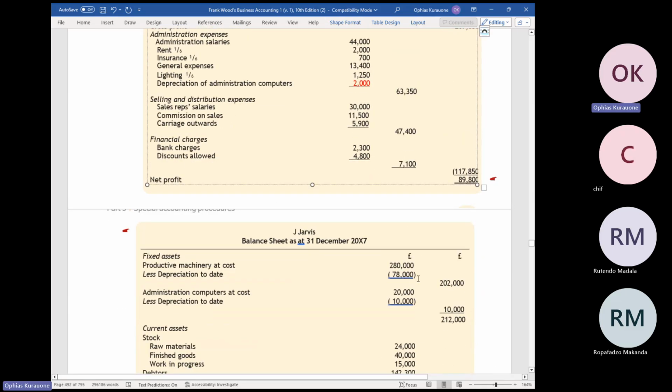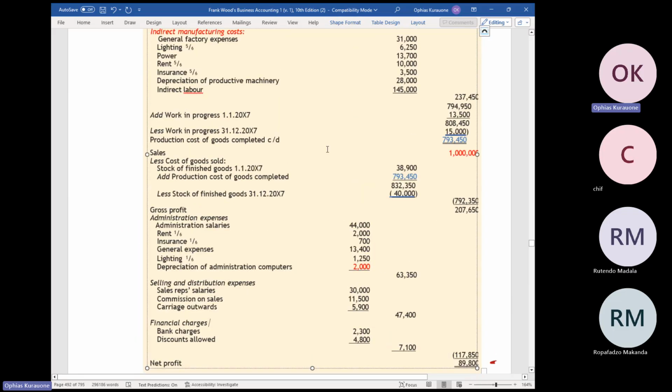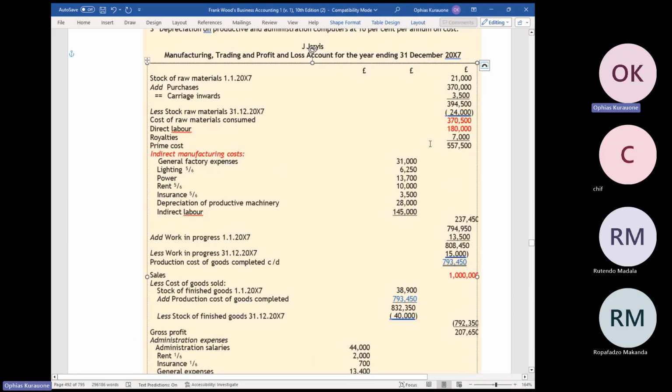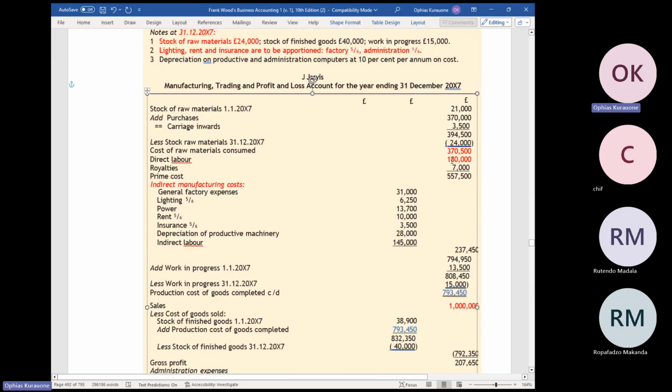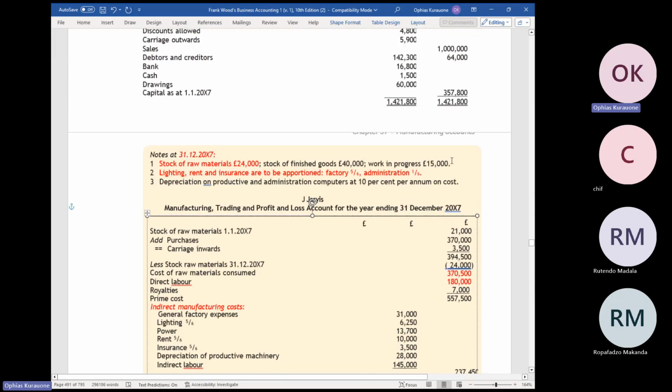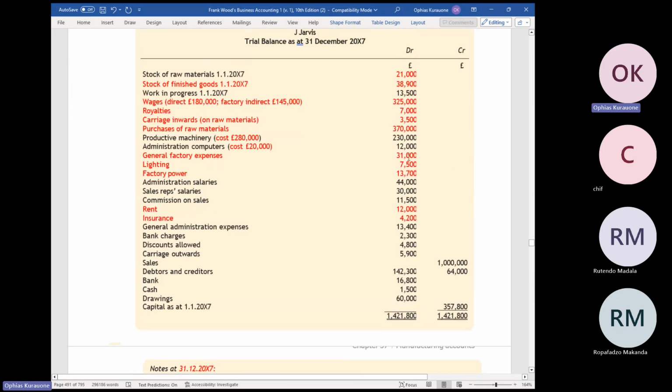It is the same thing we get if we look at the accumulated depreciation. The cost was 280 and the figure we had was 230, so 280 minus 230 was 50.